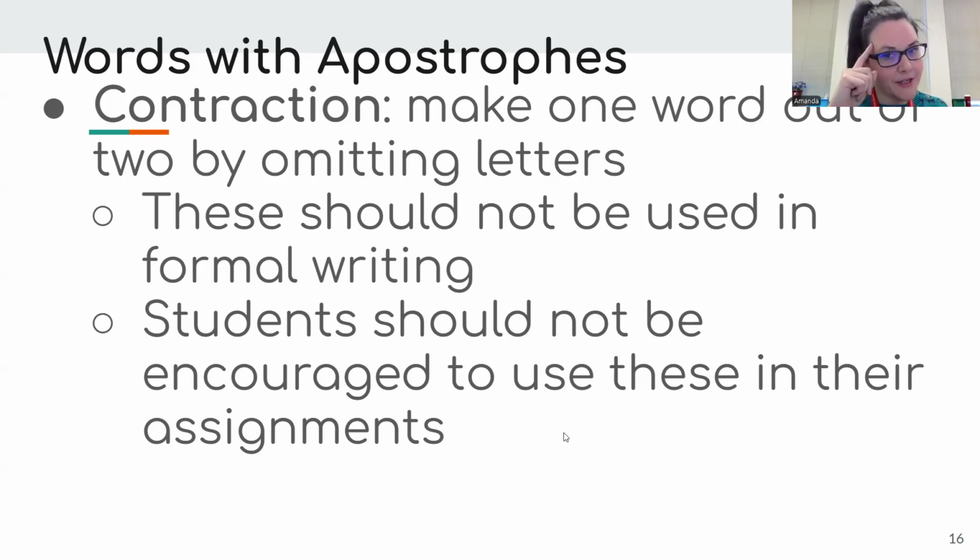Okay? These are informal, so do not use them in formal writing. So students should not be encouraged to use these in their assignments. Do not have them writing contractions on their essays. They do need to learn these rules, but we don't want them using them on their essays.